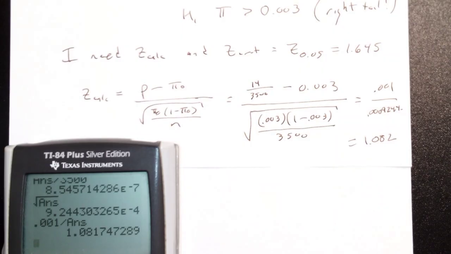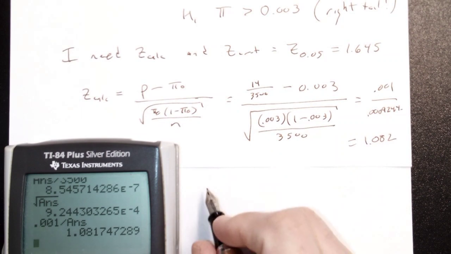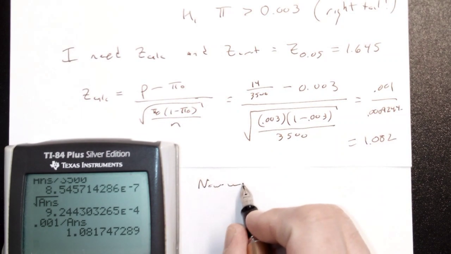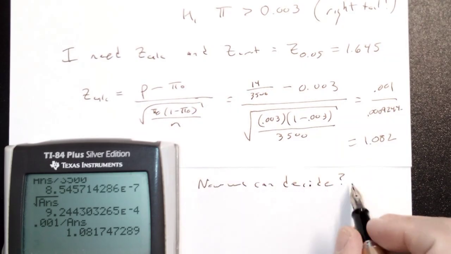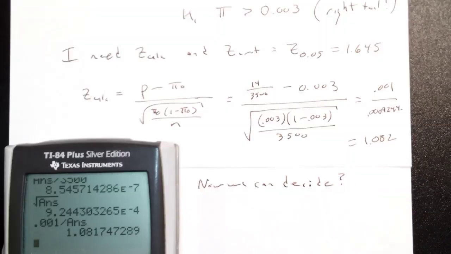Do we keep this supplier or do we pitch him? We can decide here. We could do another calculation if you'd rather to get to our decision. But now that I have this number, I can actually make a decision here.